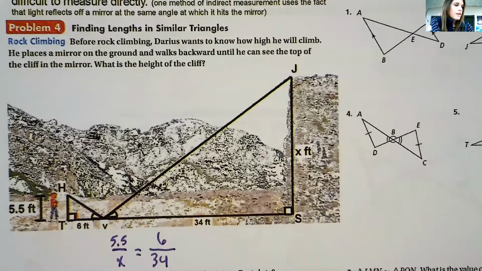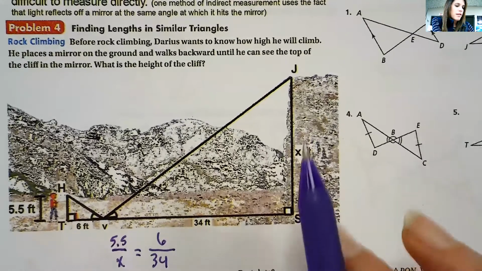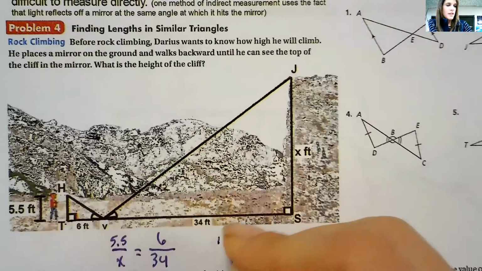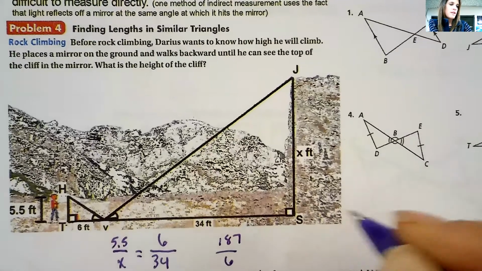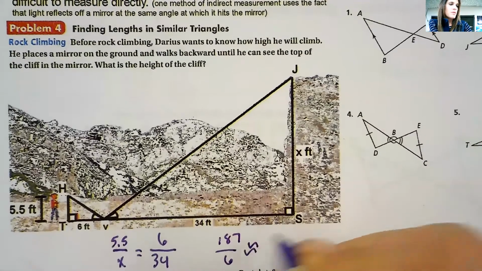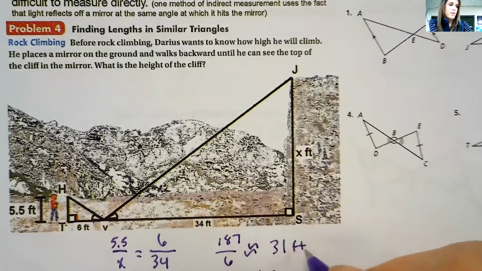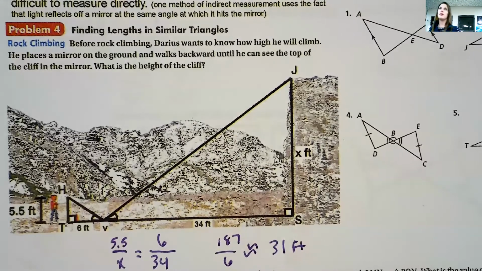We end up with, it says, what is the height? It doesn't say anything about rounding it. So I got 187 over 6. And we can say approximate. We're talking about distance. It's approximately 31 feet if we round it to the nearest whole foot. 31.16 repeating.